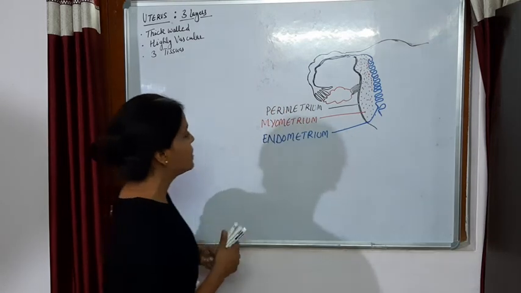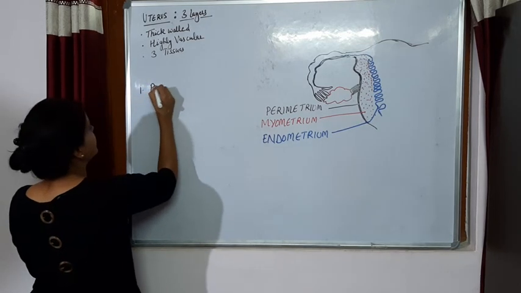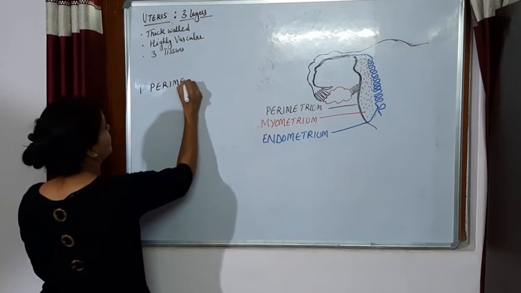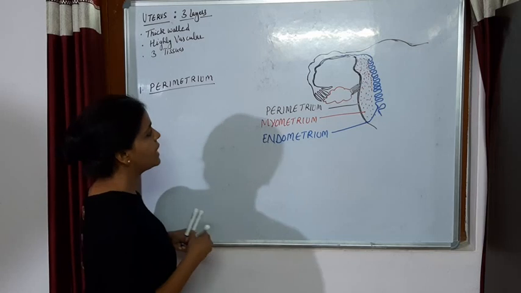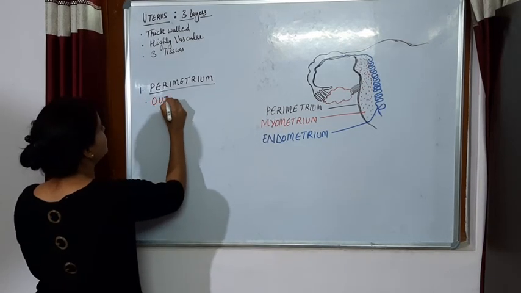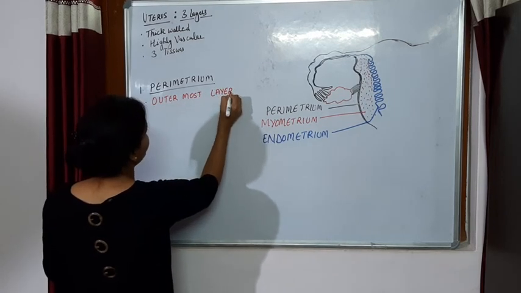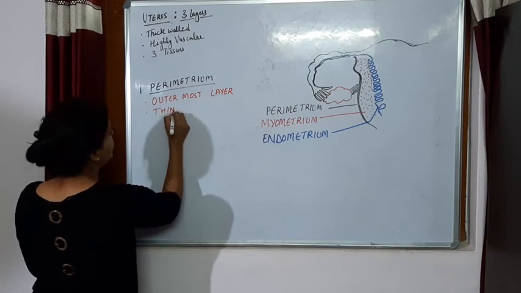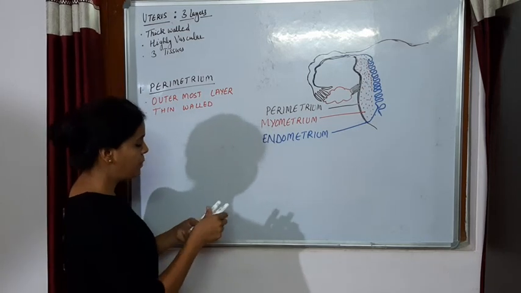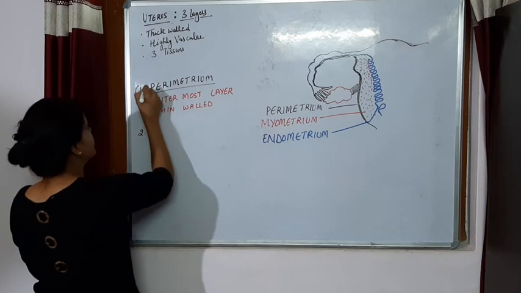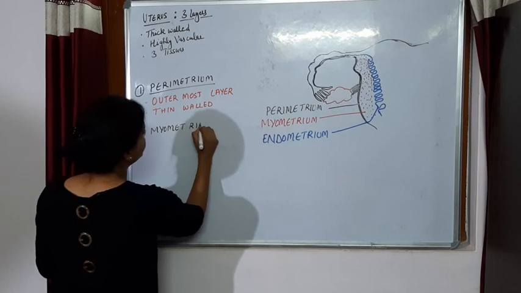So these are the three different layers when we talk about the uterus. The outermost is the perimetrium. We will take them one by one. The first one is perimetrium. Under perimetrium, we know that it is the first, outermost layer. It is thin walled, right? Second is the myometrium, as the name indicates, myo means muscular.